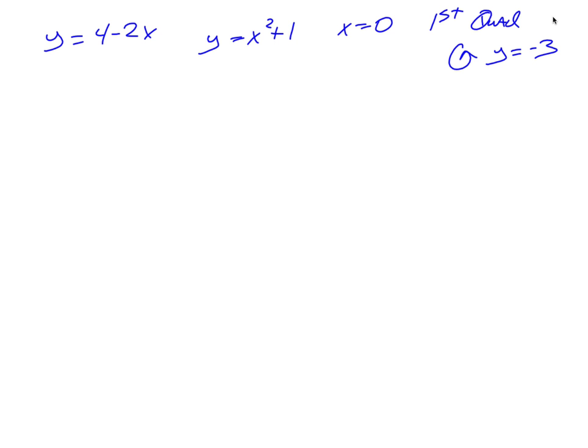I only want the piece that's in the first quadrant, and I'm going to rotate that around y equals negative 3. All right, so x equals 0 is going to be the y-axis. 4 minus 2x, what do you know about 4 minus 2x? Starts at 4, down 2 over 1. So there's that. It said we have to be in the first quadrant, so that's the only piece I need of that. And what do you know about x squared plus what?